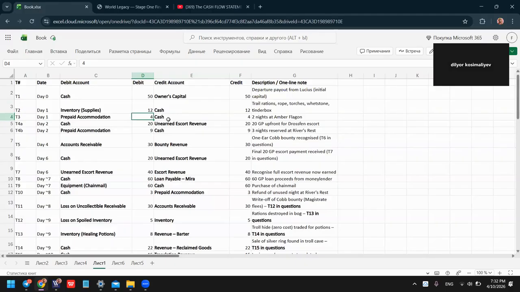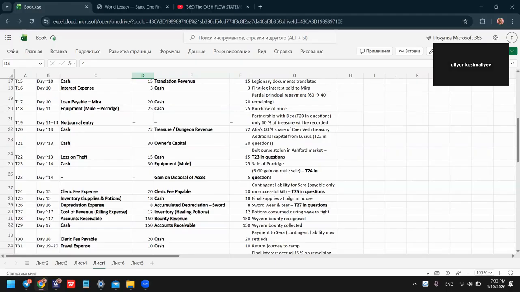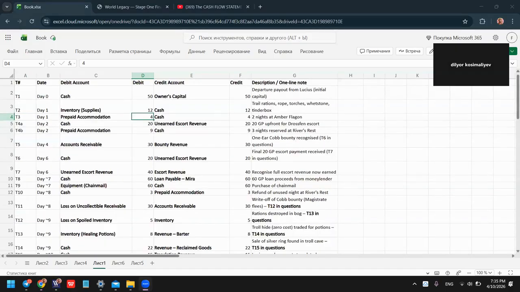And here somewhere, so how we calculate the accommodation total here is that we need to calculate the days that she actually stayed and the days that she paid for.